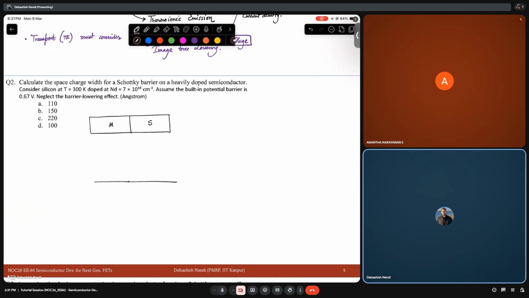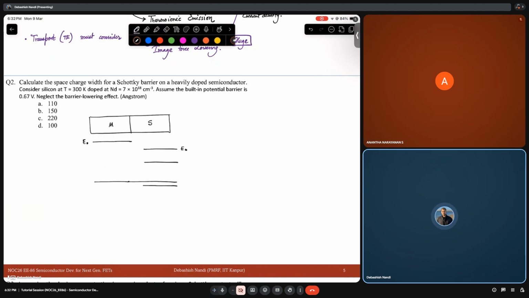And say this is my E0, and metal has E0, something like this. Or let's make the metal work function more. So this is my E0.